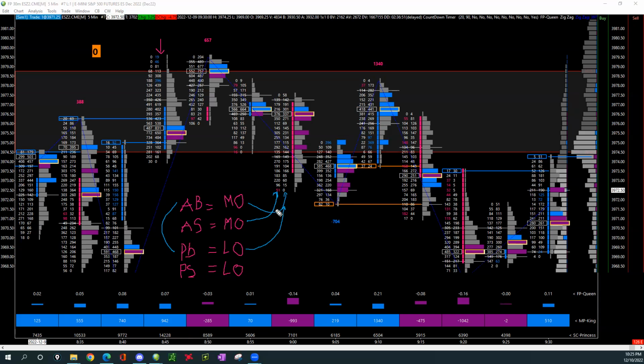And then on this side you have a passive seller coming in also. I draw this yellow right here. And you got an aggressive seller and a passive seller. Oh, let's see. I think I made a mistake. Let me erase it. Let me draw it again.